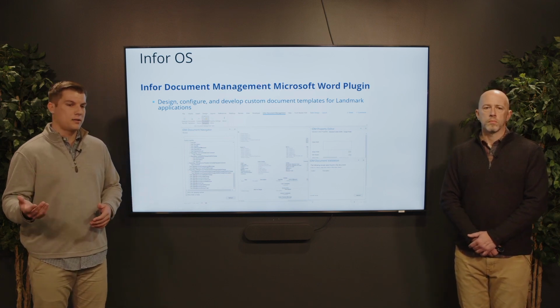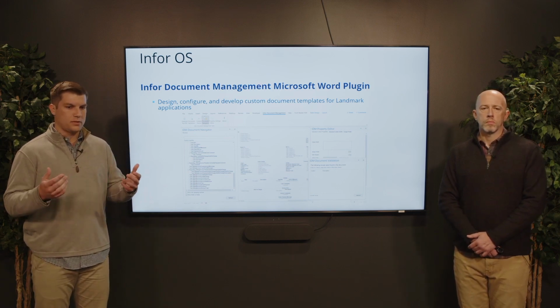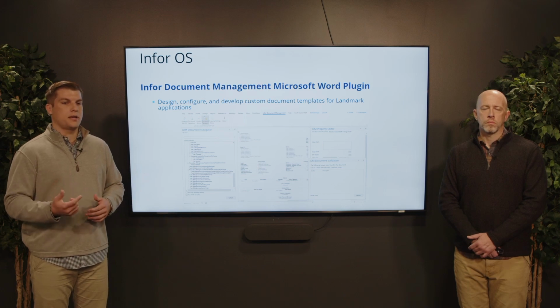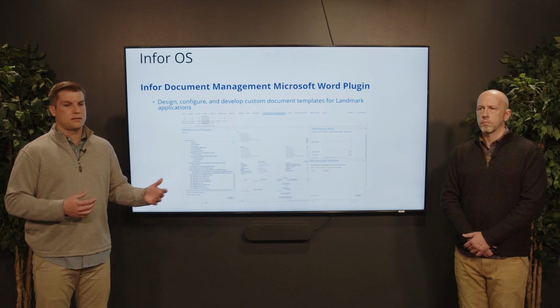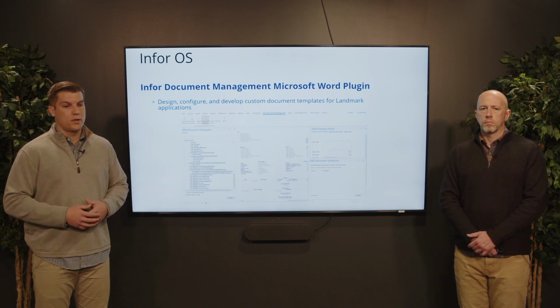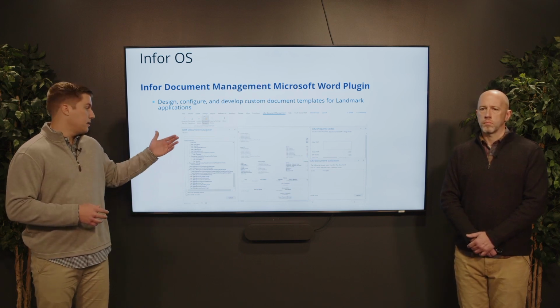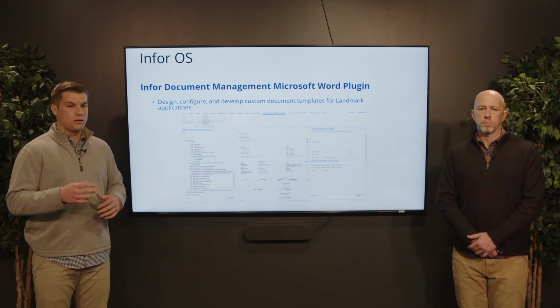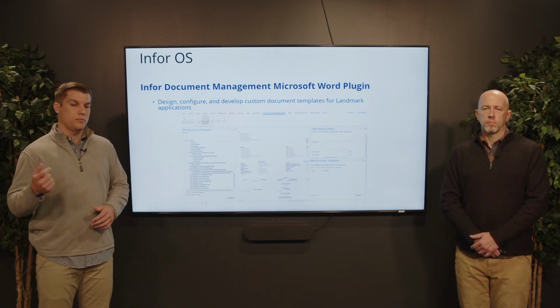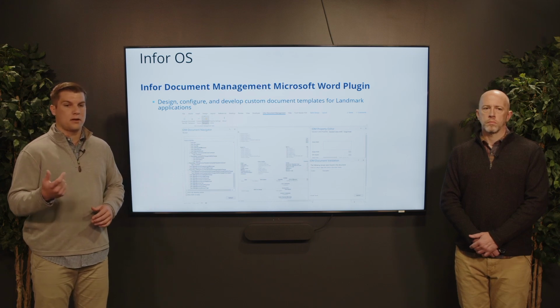So all of these documents use XML trees to dynamically populate values associated to the business class that the document gets generated from. So from here, you can see the left-hand window is the XML tree that provides all of the associated values that you can actually copy and paste into your document.